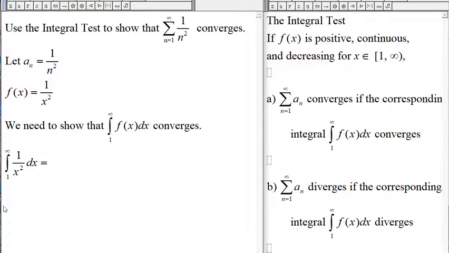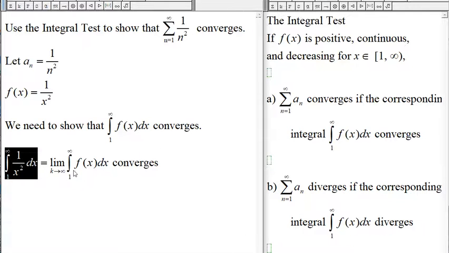Now, this is the improper integral from 1 to infinity, so we'll rewrite it using limit notation. This is the same thing as the integral from 1 to b, as b runs to infinity.